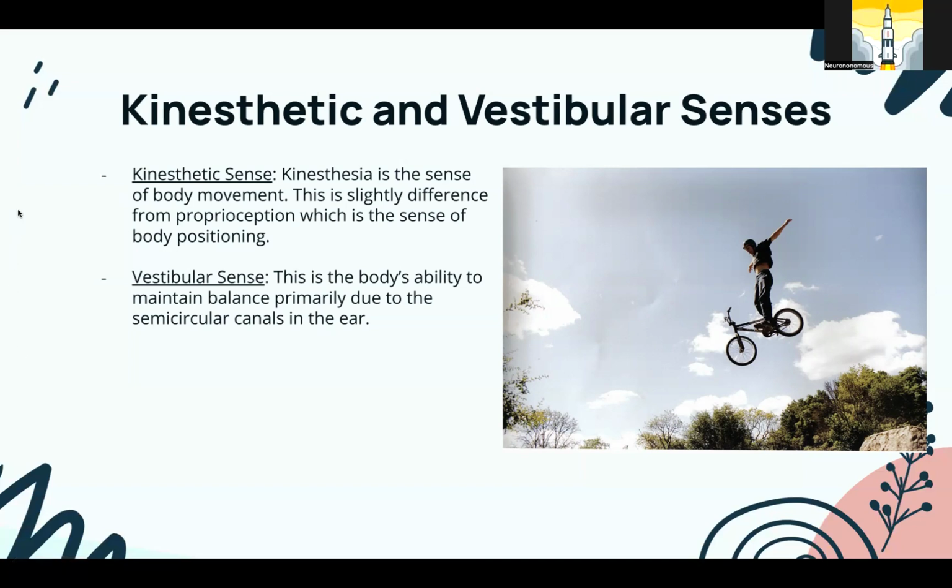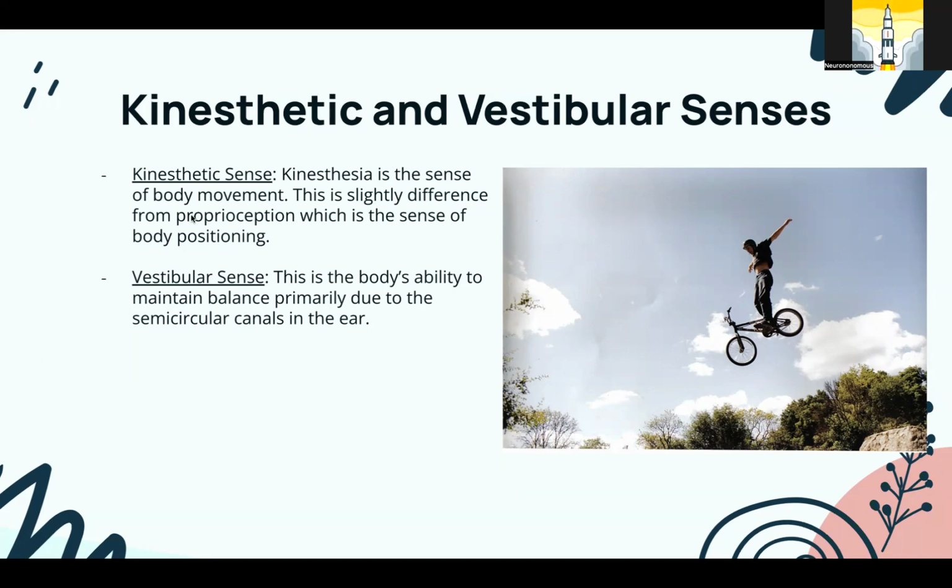So if we take a look at this image here, this person is riding a bike without placing his hands on the handles. We can see that there's a mix of vestibular sense, kinesthetic sense, and also an involvement of proprioception. So vestibular sense: he has to maintain balance, obviously.